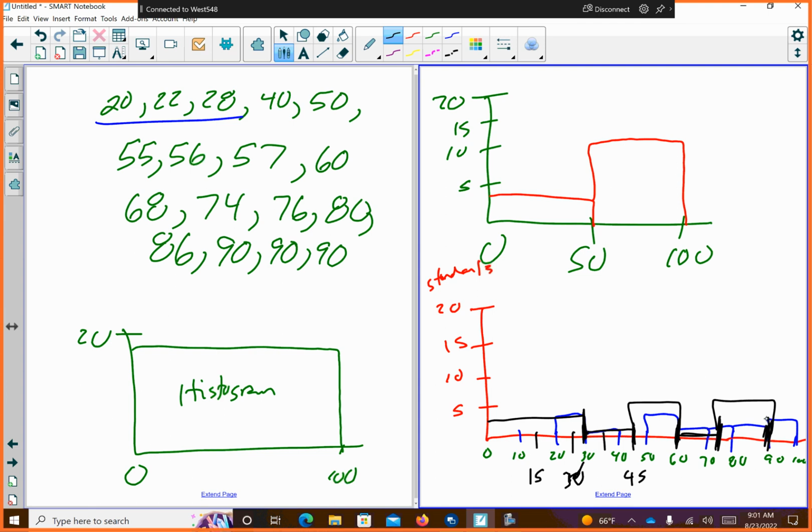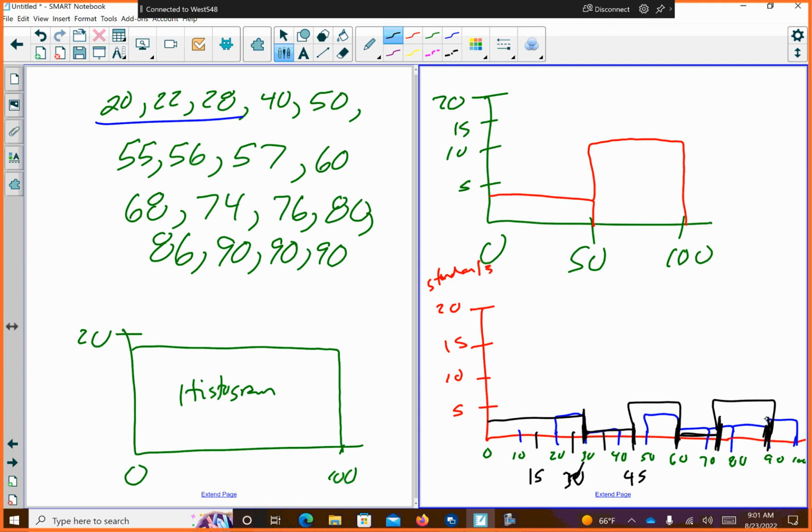Mr. Anderson does say that statisticians will debate it. There might be some sort of equation out there that would tell you how many boxes to do. Of course, using Desmos, you can play around with it. What is desirable to your eye might be the appropriate amount of boxes, because the nice thing on Desmos is we can change the bar widths, and it will show you immediately what looks better for your graph.